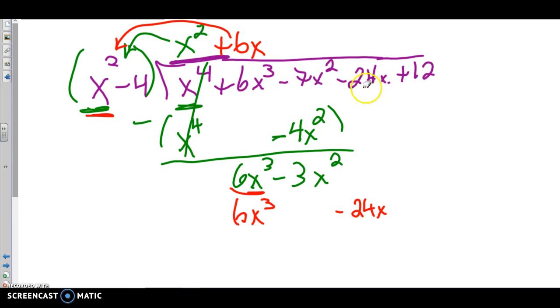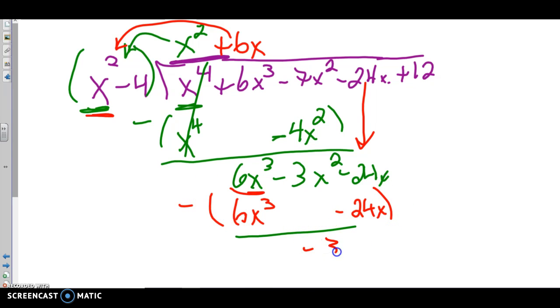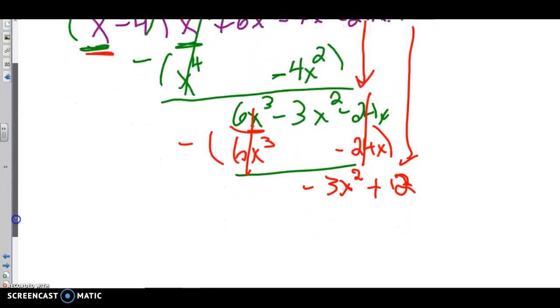I'm going to bring this down. And when I subtract, I have negative 3x squared. These are going to cancel. Negative 24 minus negative 24 is plus 24. Those are going to cancel. So I'm going to bring the 12 down. So I have negative 3x squared plus 12.